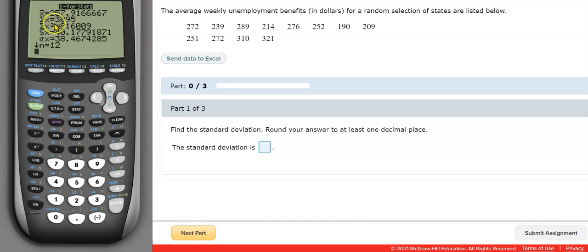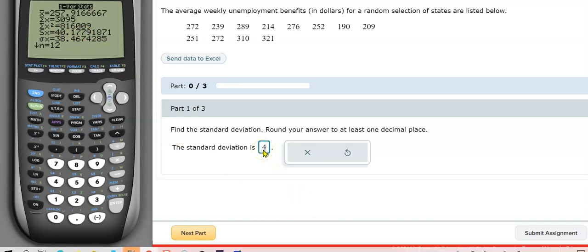So what you are concerned about is not this sigma x, you want to look for the Sx, your sample standard deviation. The sigma x is the population standard deviation. So your number that you're looking for, you want to round it to at least one decimal place, it's going to be 40.2. All right, 40.17 or 40.2.